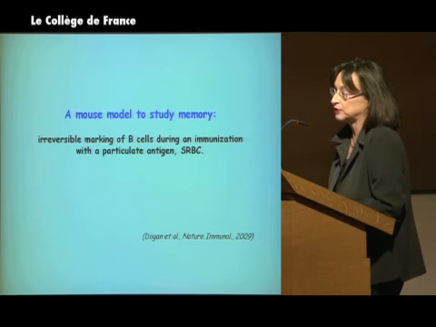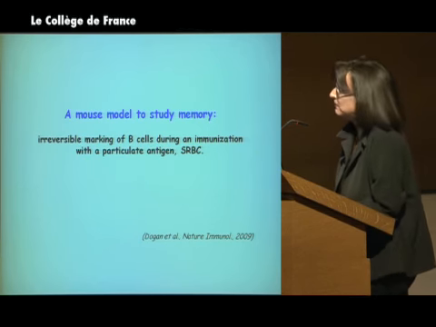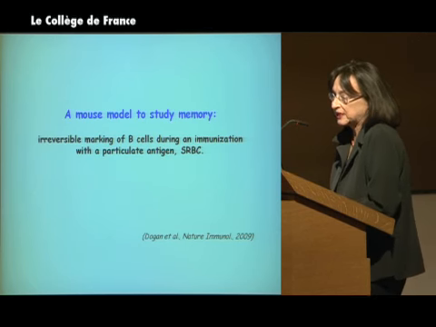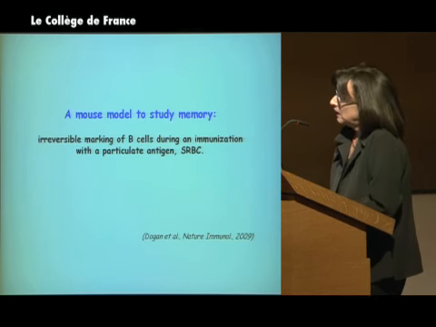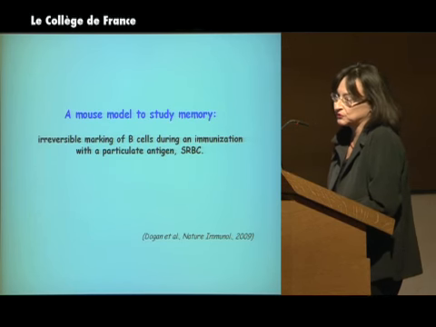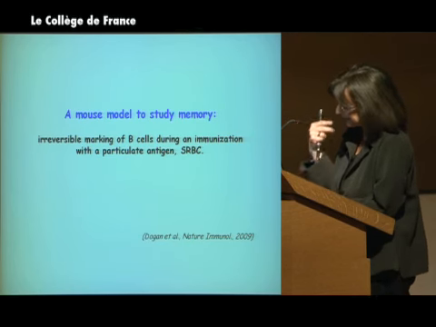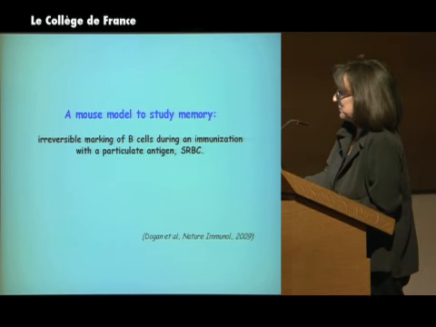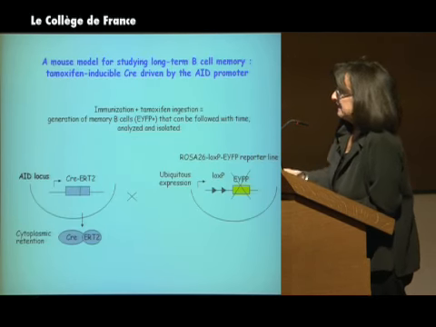As an immunogen, we chose a rather classical immunogen, which is sheep red blood cells, but with the idea that it could be closer to a pathogen than a classical NP, a classical hapten protein immunogen.